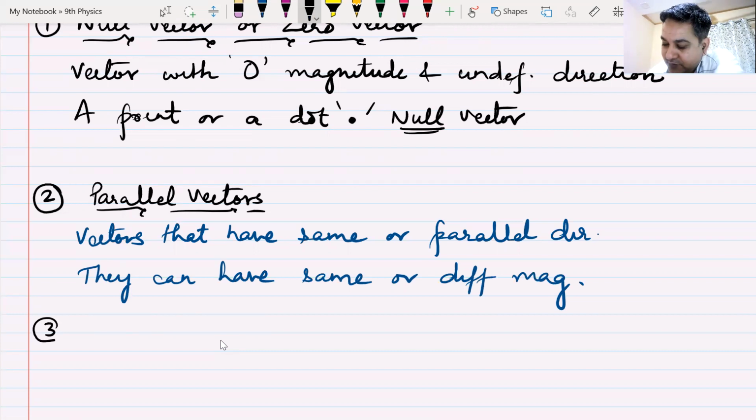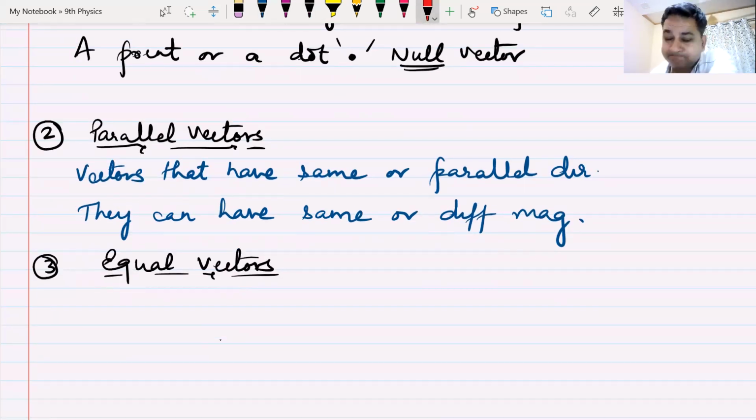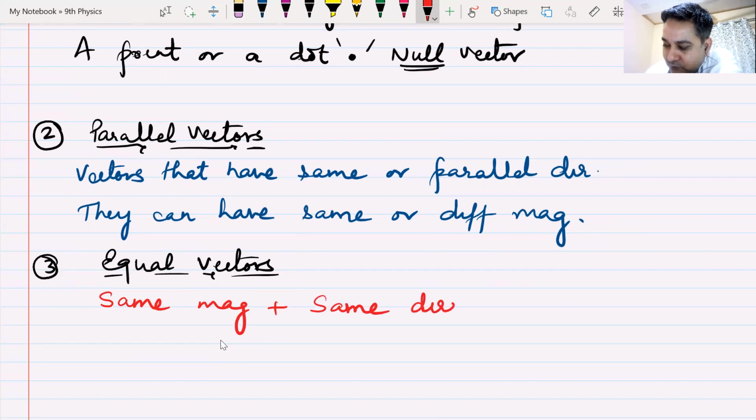Yes, sir. Number three, equal vectors. What would be equal vectors? Think about it. Magnitude and direction are equal. Yes, same magnitude plus same direction.